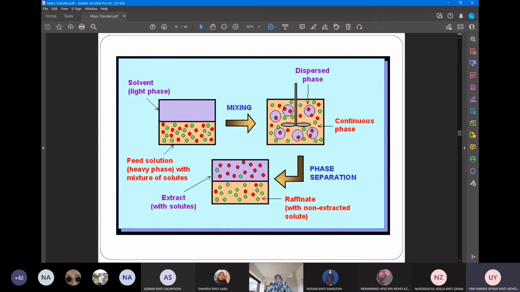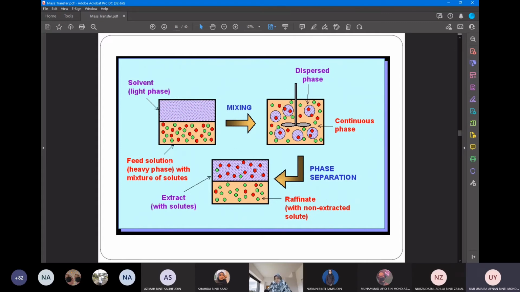But among those components, your interest is only vitamin C. You have to understand that, for example, your interest is only vitamin C. Because vitamin C is what you want to separate from the feed solution, vitamin C is called the solute.